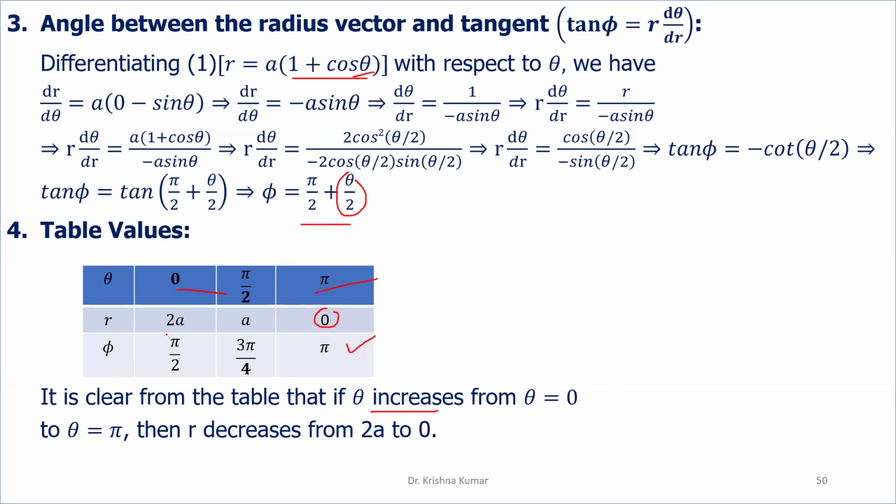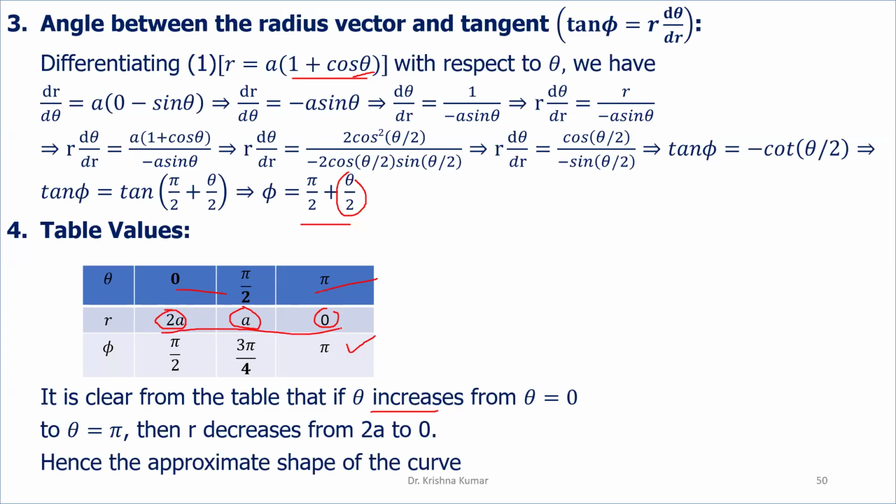Just look here, when the value of theta is 0, r is 2a, at pi by 2 it is a, and if you put theta is pi, then its value is 0. So 2a to 0. Hence, the approximate shape of the given curve is as shown in the figure.